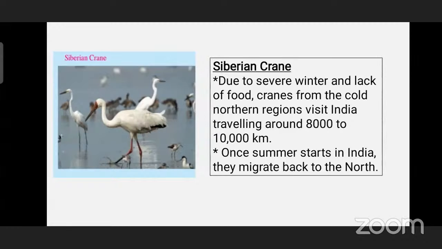They come to India when there is good climate in India. Once the summer starts in India, they migrate back to the north. So when the summer season starts in India, they again go to their place.